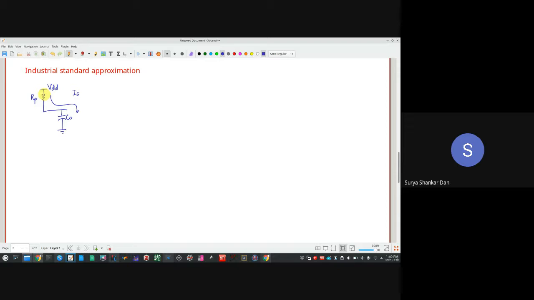When we are dealing with the fall time calculation, this is your circuit.